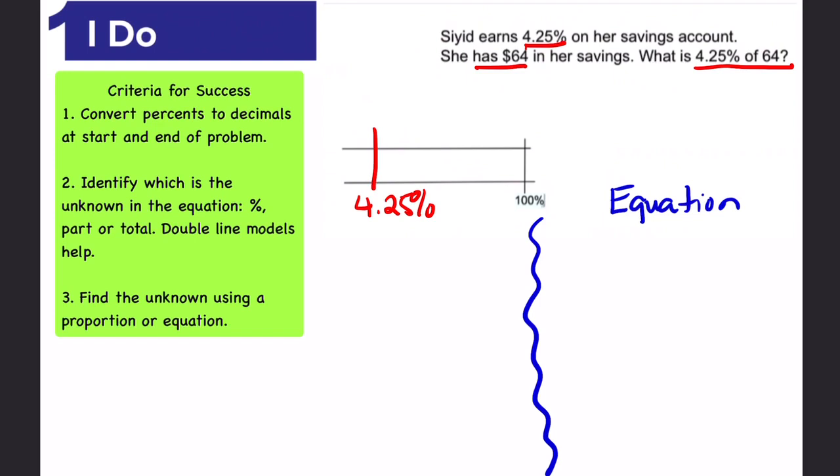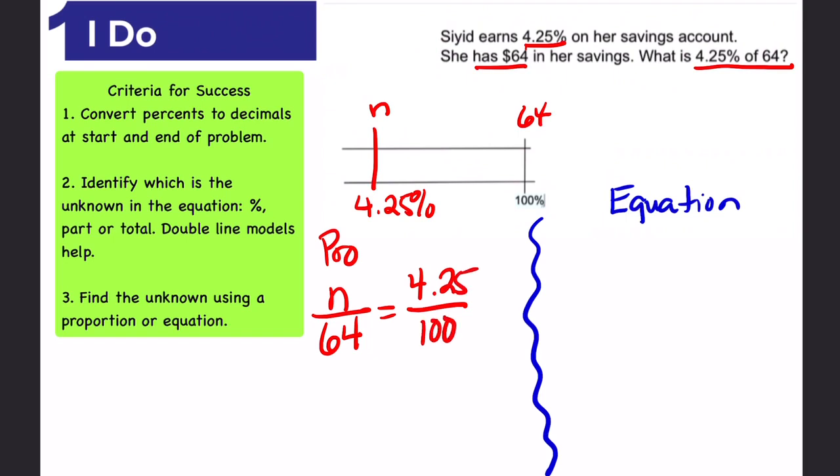So I know that the 64 must be the entire piece. And I'm trying to figure out this number over here. Okay, so if you're setting up a proportion, you're going to start by doing some number over 64 is equal to 4.25 over 100.